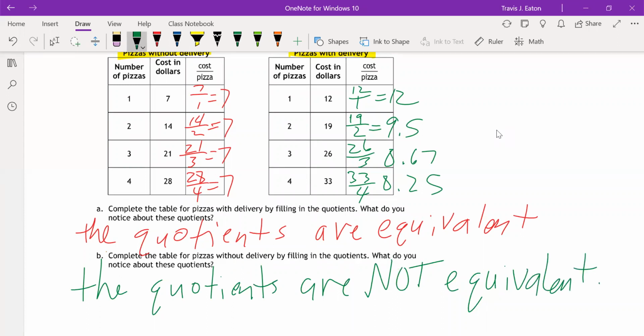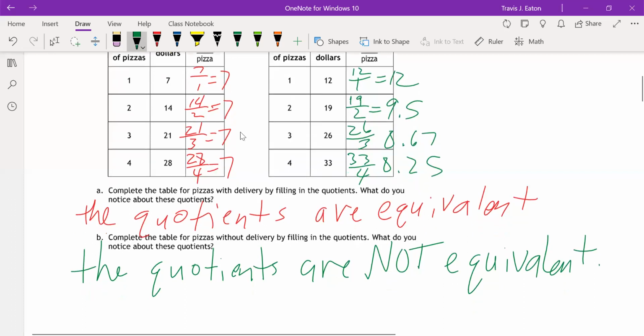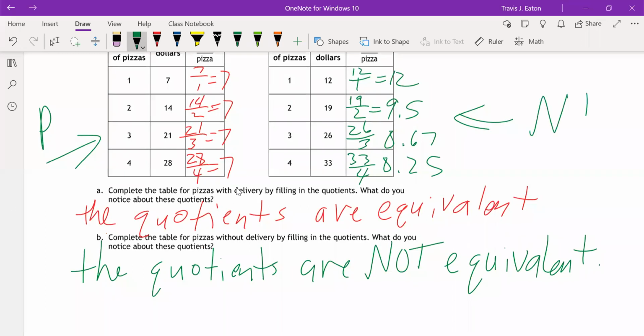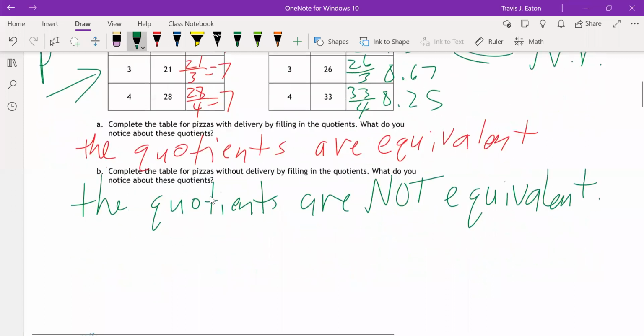And that's easy to see. And that's important because one of those represents a proportional relationship, and the other one represents a non-proportional relationship. And that's going to be important, obviously.